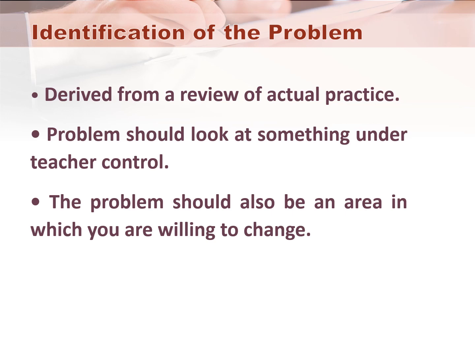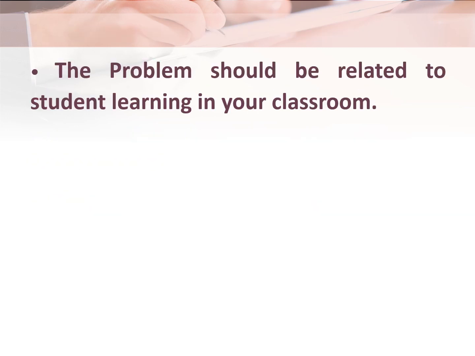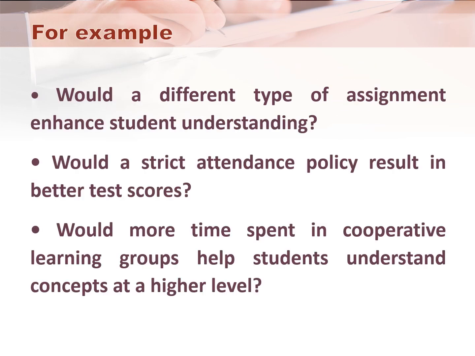So if you are concerned with how your students catch up with your lesson, and then later on find out that there's a problem with that, you should do an action research. The problem should be related to student learning in your classroom. So meaning to say, the scope of the action research is limited only to a classroom environment.